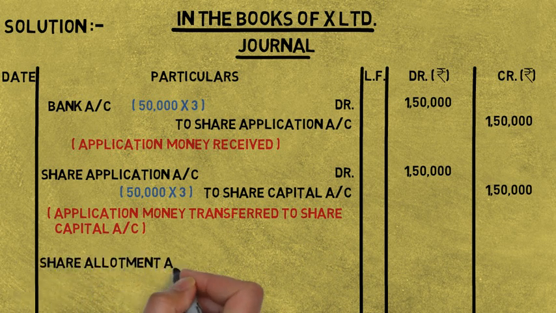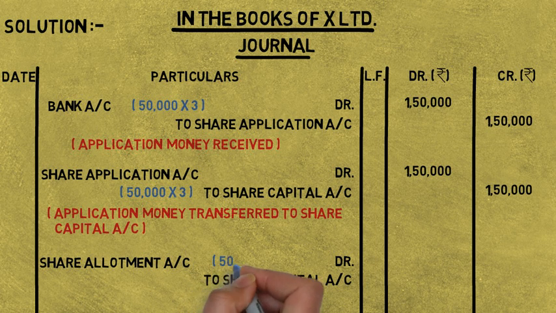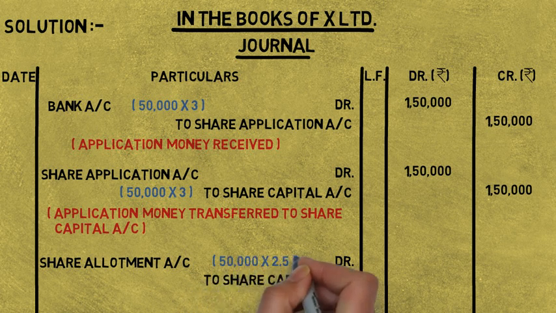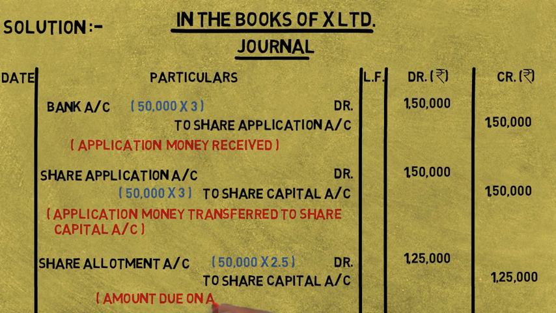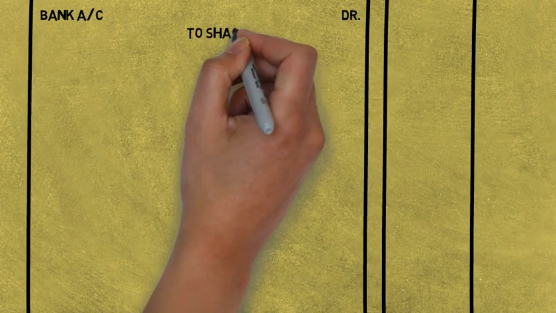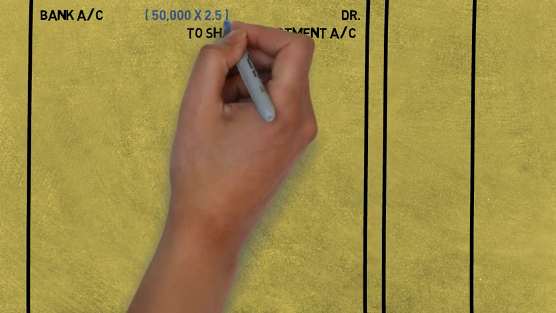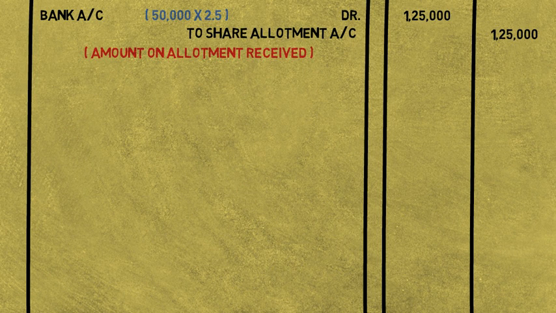Next entry will be share allotment account debited to share capital account. Now here the company has made the allotment amount due for the public, and we have calculated this amount by multiplying the number of shares into the called up value of allotment. Now after this, the company will receive the allotment amount and the entry will be passed as bank account debited to share allotment account.